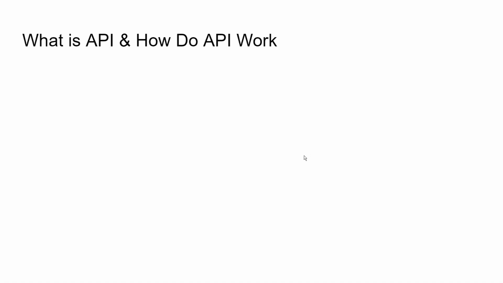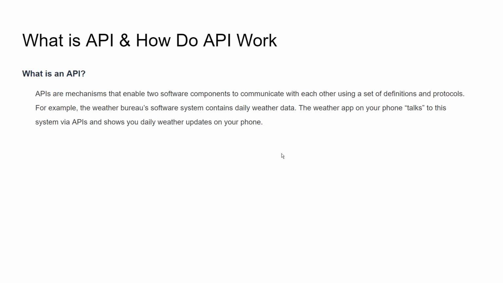What is an API and how does an API work? APIs are mechanisms that enable two software components to communicate with each other using a set of definitions and protocols. For example, the Weather API, Google Map API, and many other APIs. The weather app on your phone talks to this system via APIs and shows you daily weather updates.